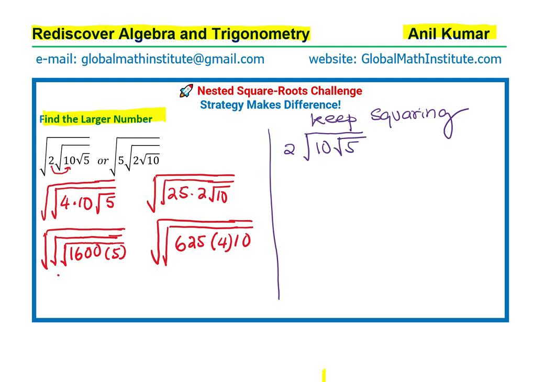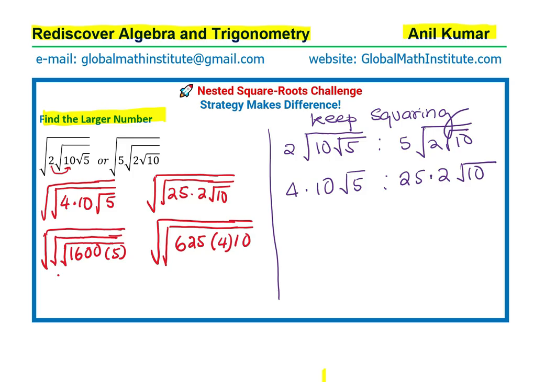In the other case, when you do the squaring, 5 comes out of the square root and the rest remains as such. So that becomes the first step. Again, if you square, you get 2 square, which is 4, but then you get this 10 outside this bracket and square root 5. In this case, 5 becomes 25 when you square, times 2 and square root of 10.